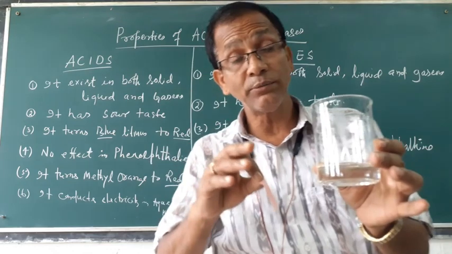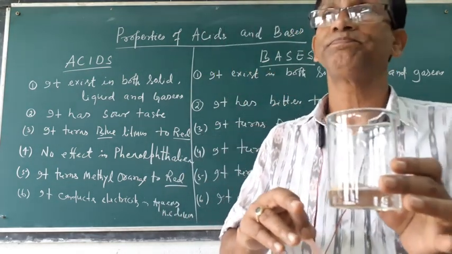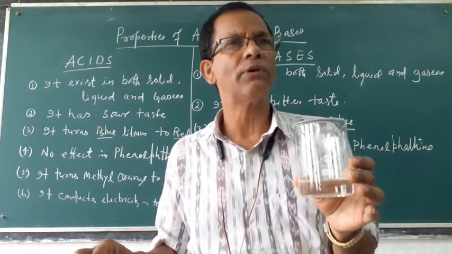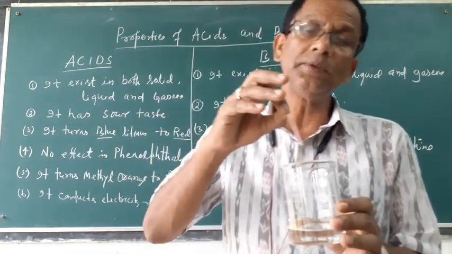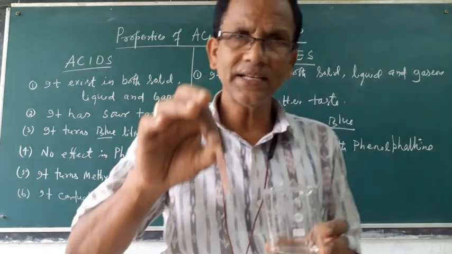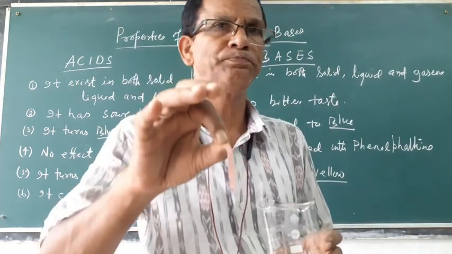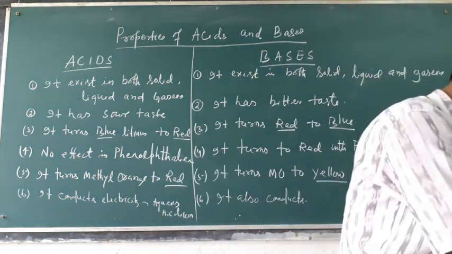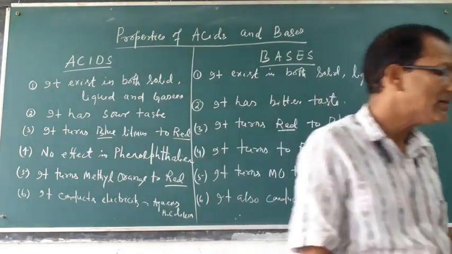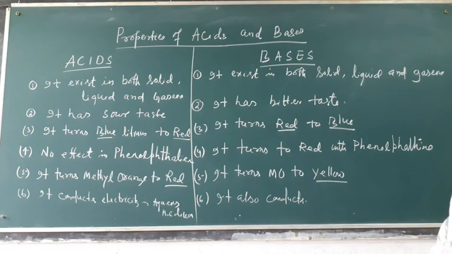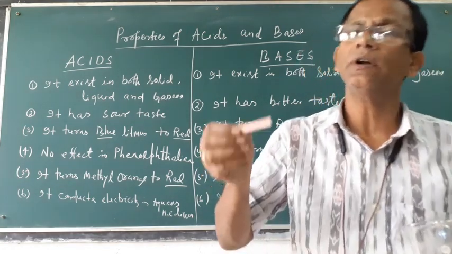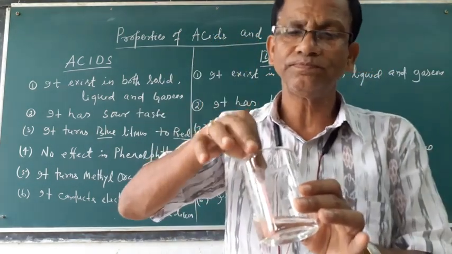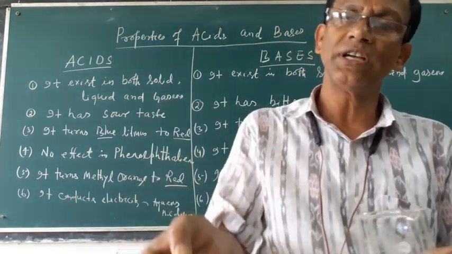Another important thing to remember: almost all acids are water soluble. When dissolved in water, they change blue litmus to red. Now you see the red litmus. If you dip red litmus in acid, do you observe any change? No, there is no change.